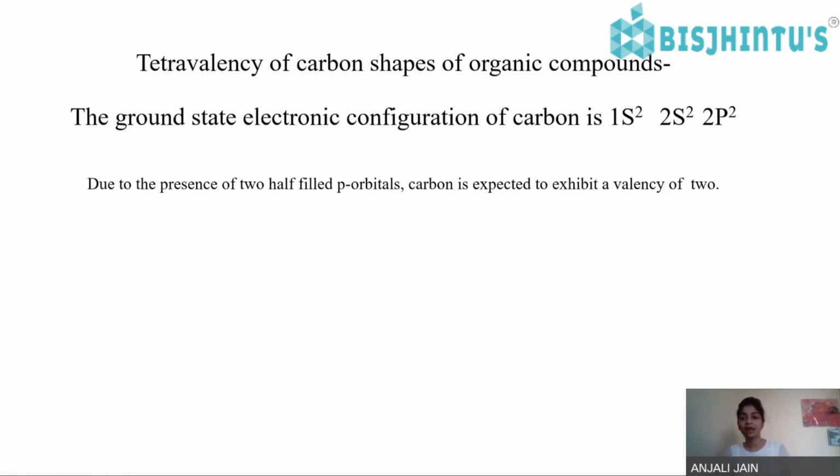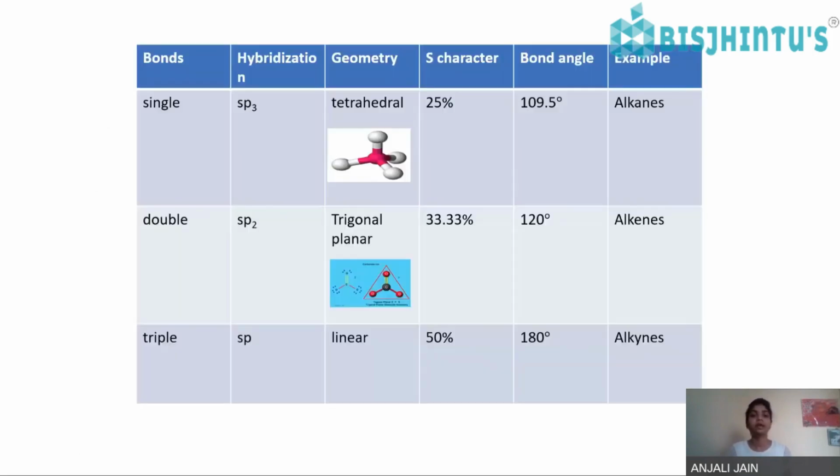So px and py are half filled because one electron is there in both orbitals, and one electron from the 2s will go into the pz orbital, and that is why carbon is showing a valency of +4.